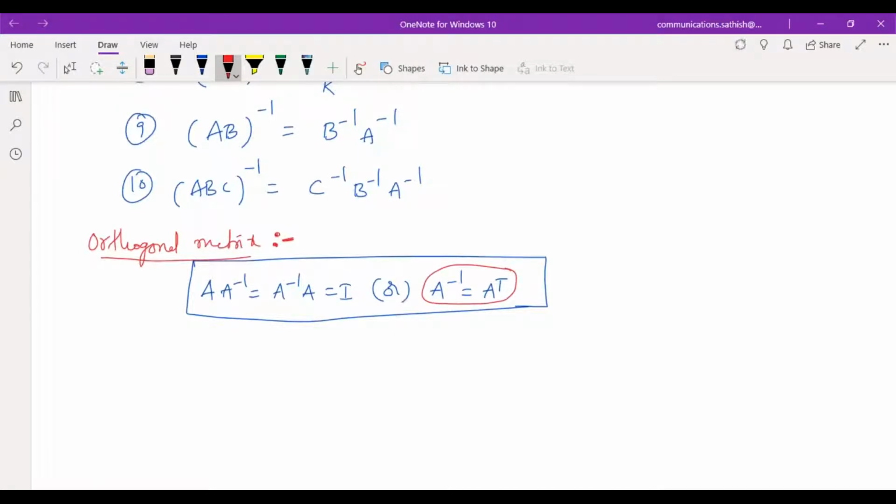If I replace A inverse with A transpose here, what will I get? A transpose A is equivalent to I.